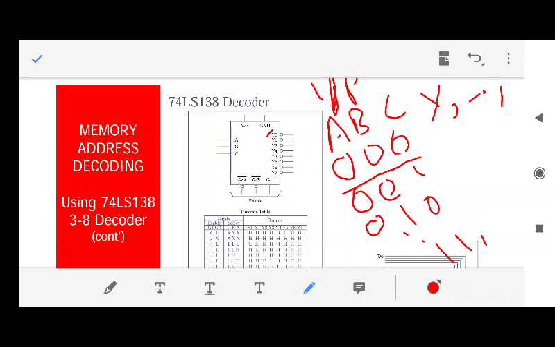So let us say for selecting the first line, you should have an input as 0 0 0. Selecting second line, you should have an input as 0 0 1. Or alternatively we can say that if input is 0 1 0, then the third line is selected. If the input is 0 1 1, the fourth line is selected.